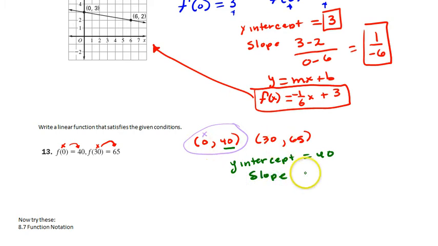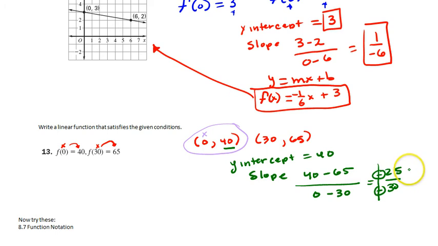Well, again, I'm going to find the difference of my y-coordinates over the difference of my x-coordinates. That's going to give me 25 over 30. They're both negative. Them both being negative, it means my answer is positive. I want to simplify this by dividing the top and bottom by 5. And I end up with a slope of 5/6.